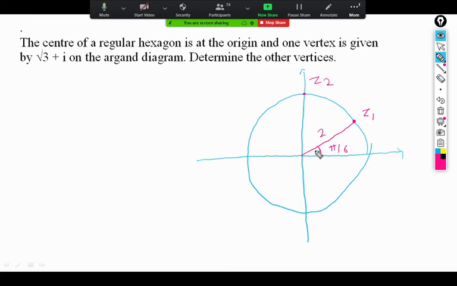So obviously all these have a 60 degree angle between them. Again you take 60 degrees here somewhere, so you will get Z3 somewhere here. Next Z4, this is 30 degrees and this one is 30 degrees.